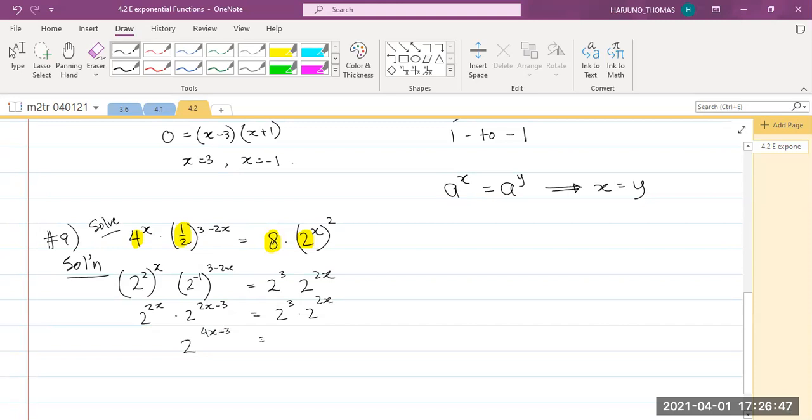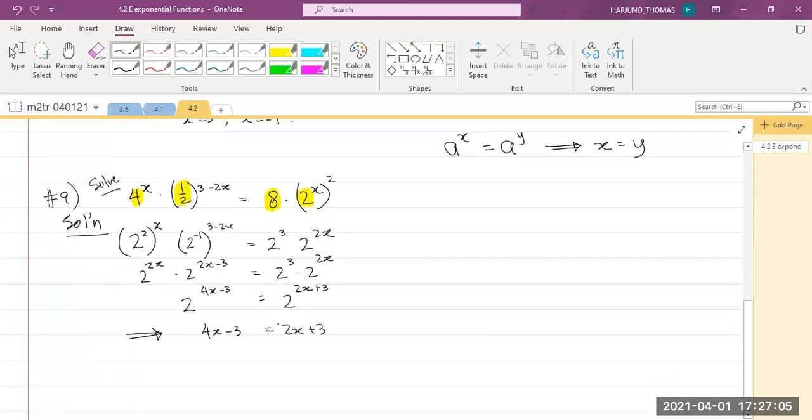When you multiply the same base, you add the exponents. Long time no see, huh? Now, once you have 2 to blah equals 2 to blah, then by one-to-oneness, we get 4x minus 3 equals 2x plus 3. Kada-bam, kada-boom, x equals 3.